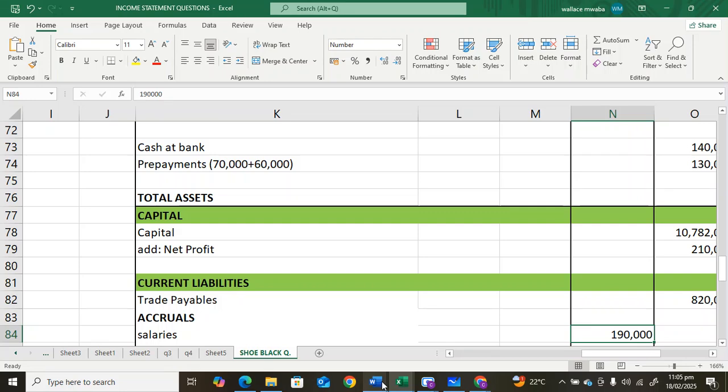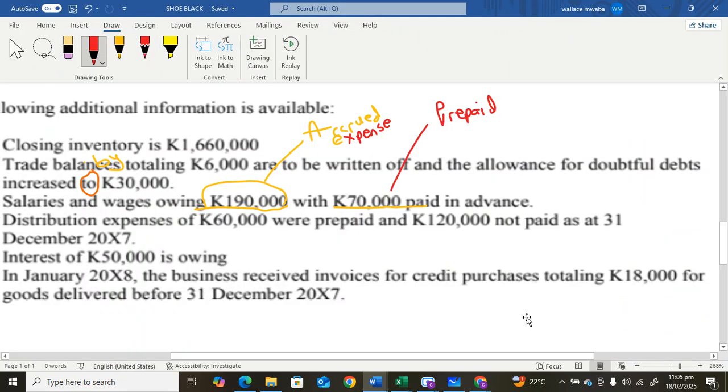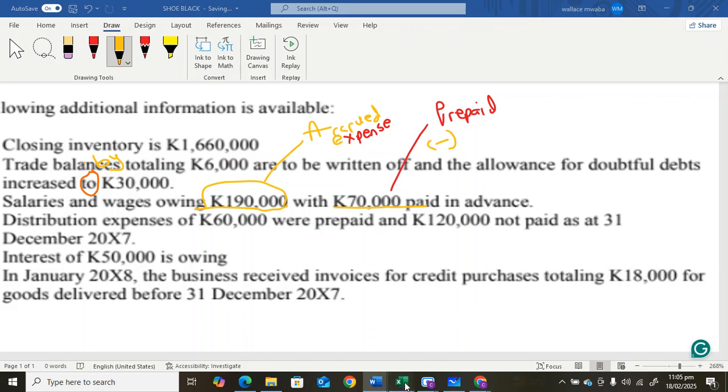Then prepayments. On the statement of profit or loss, subtract, and in the balance sheet, include it under current assets.